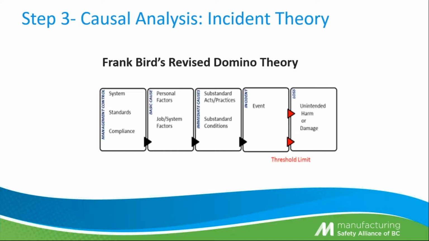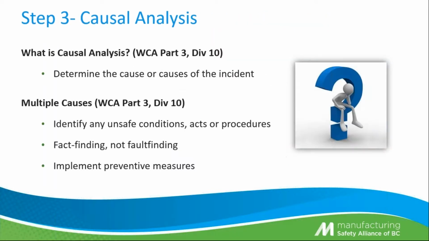It forces us to look at the system standards from the management control perspective, move on to the personal factors and job system factors that are the basic cause of the incident, and then move on to the immediate causes, which are substandard acts and practices and substandard conditions. This leads us to the event, and then the actual loss, the unintended harm or damage that has occurred.